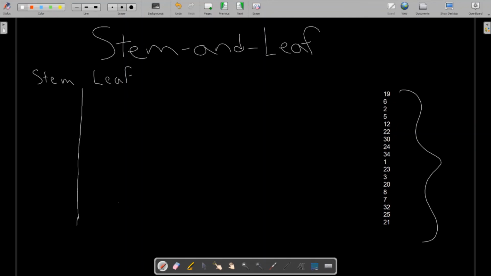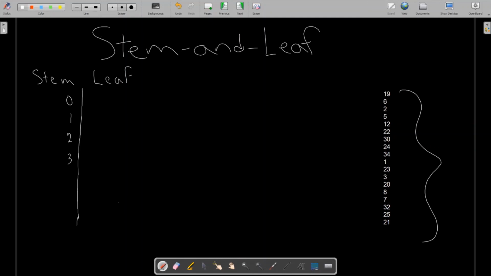We have some single digit numbers, 10s, 20s, 30s. So our stem will be 0, 1, 2, or 3, because we don't have anything bigger than 34 in this data set.